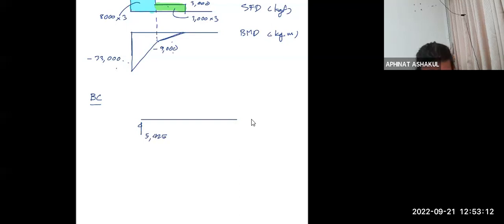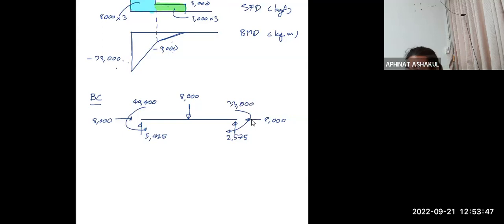5425, and we have 8,000 here. And here is, of course, 2575, right? You have the axial 8,000, axial 8,000, and then you have the moment 44,400, and then here is 33,000.